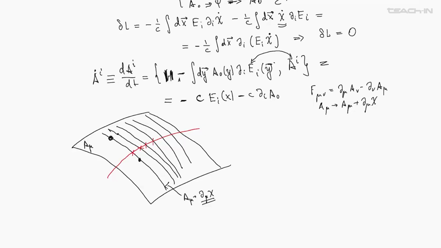Just one configuration. And imposition of this extra condition on the potential, which allows you to pick only one representative from each orbit, is called imposition of the gauge.